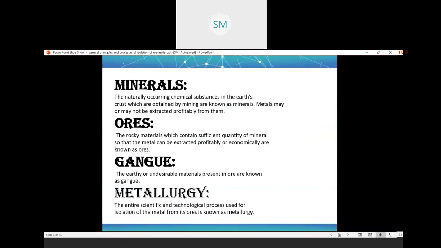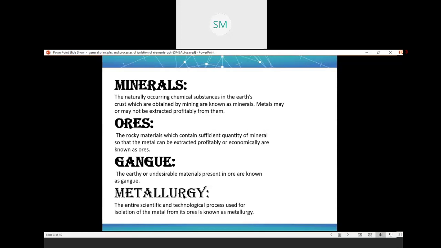Let us see the definitions of minerals, ores, gangue, and metallurgy. The naturally occurring chemical substances in the Earth's crust which are obtained by mining are known as minerals. Metals may or may not be extracted profitably from them.